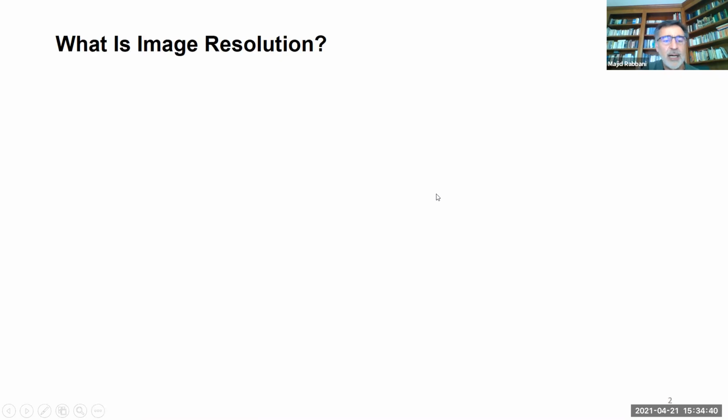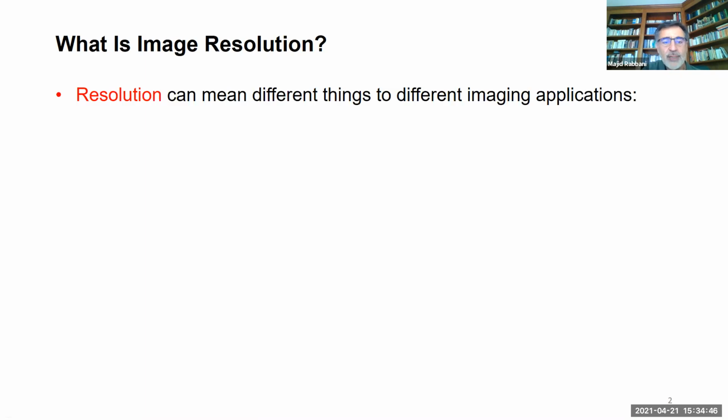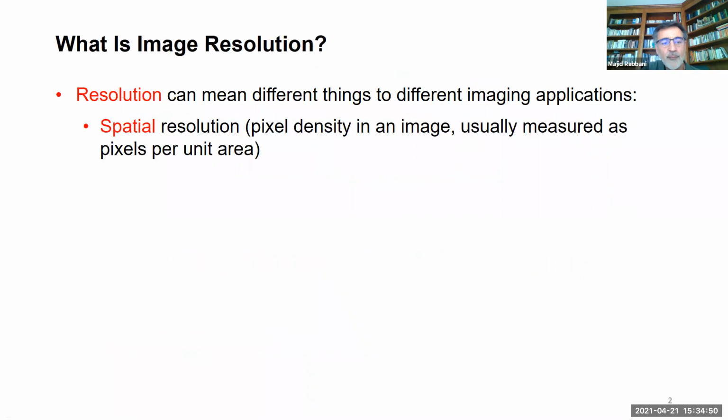Let's start with the definition of resolution. It's good to know exactly what we want to talk about today. Resolution can mean different things to different applications. By resolution, we mean spatial resolution, which is pixel density in an image, measured as pixels per unit area or pixels per unit length, either horizontal or vertical.